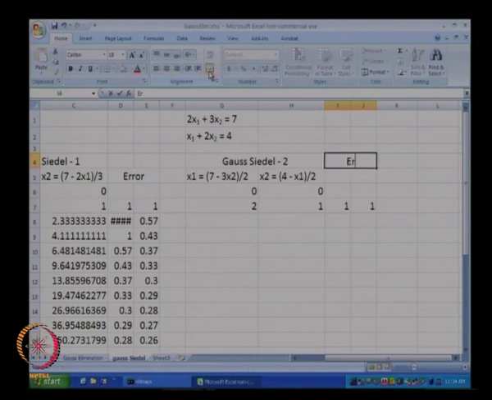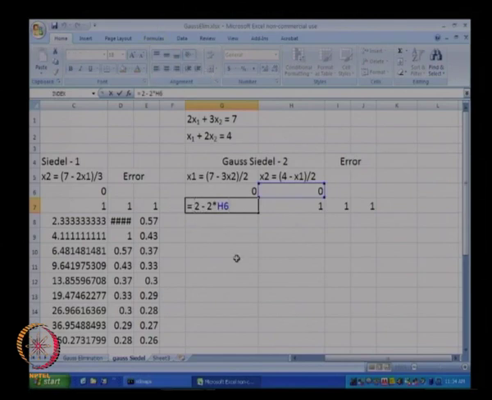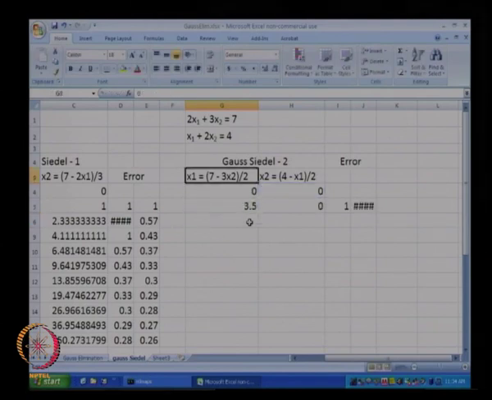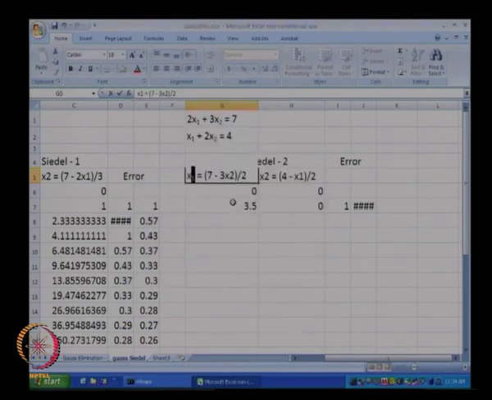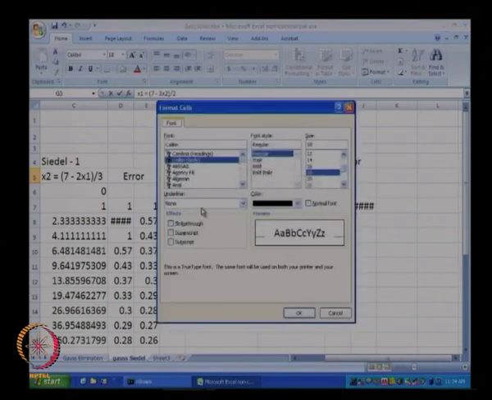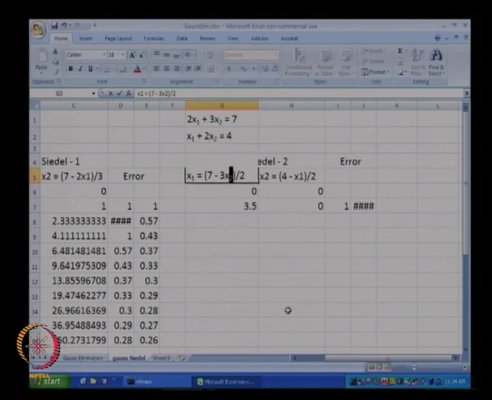And error. Okay. However, we will not be using the same expression as before, instead we will be using 7 minus 3 times x2 divided by 2 as a means to calculate x1, format cells subscript.